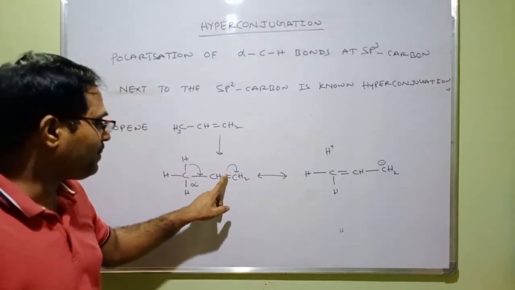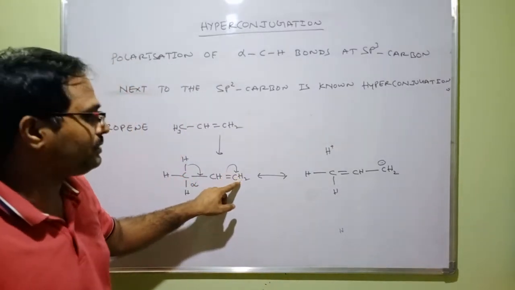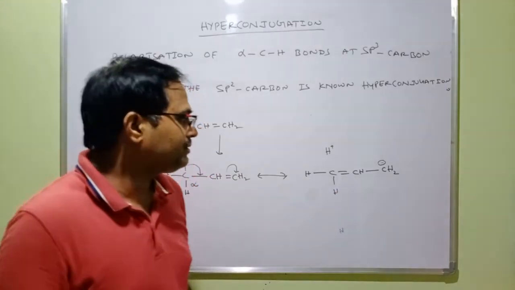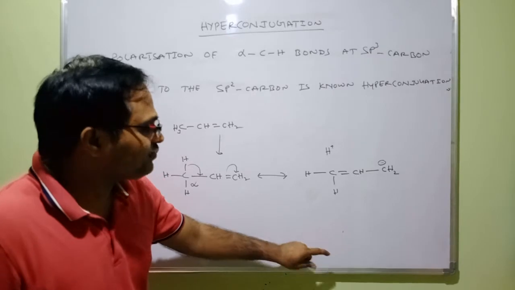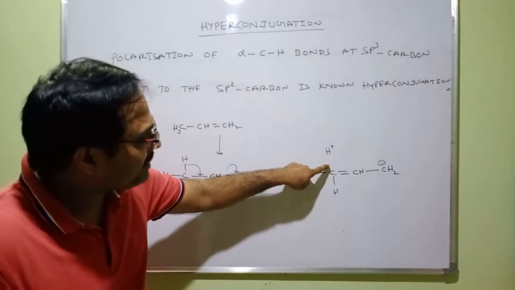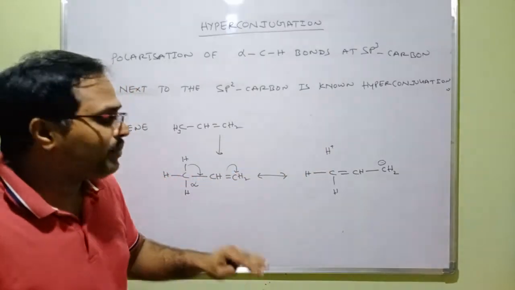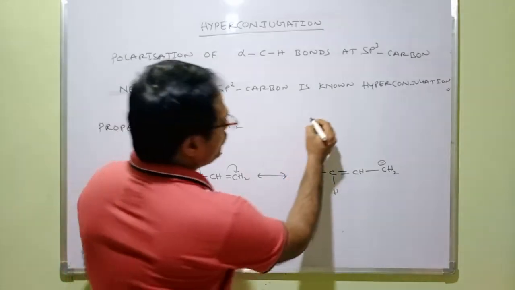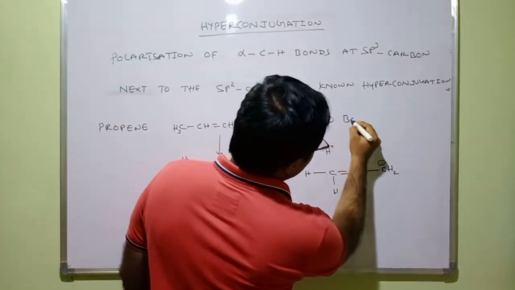Next, the pi bond is shifted towards the carbon, so the carbon takes up a negative charge like this. Since we don't have any bond between this carbon and hydrogen, hyperconjugation is also known as no bond resonance.